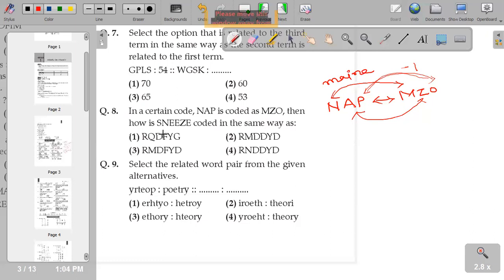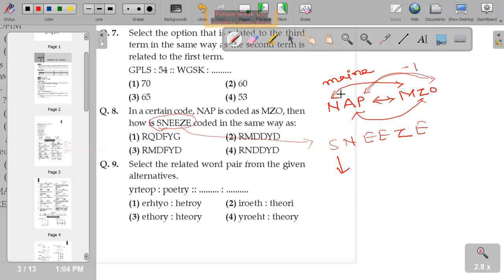In a similar way, we will check whether the question is correctly framed or not. So S N E E Z E. Look, what I was saying is that it could be the reverse of this.